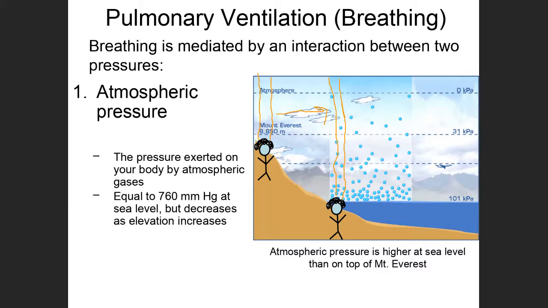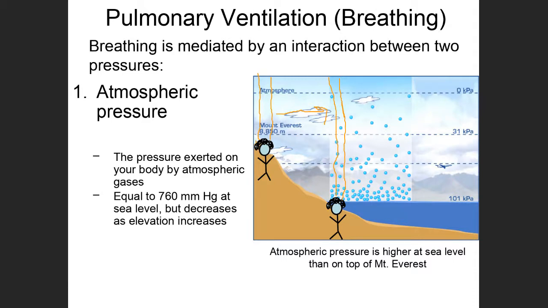So when you're standing on top of Mount Everest, atmospheric pressure significantly decreases because there are not as many air molecules in the column of air above your head pushing down on your body. What we actually see on top of Mount Everest is that atmospheric pressure is about a third of the atmospheric pressure at sea level.